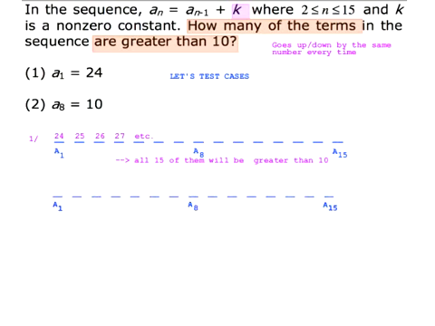To create a series in which what? Remember, it's a how many question. You get not sufficient. In this example, all 15 terms are greater than 10. So we just need to create a situation in which any of them are not, because if the answer is not 15, then boom.